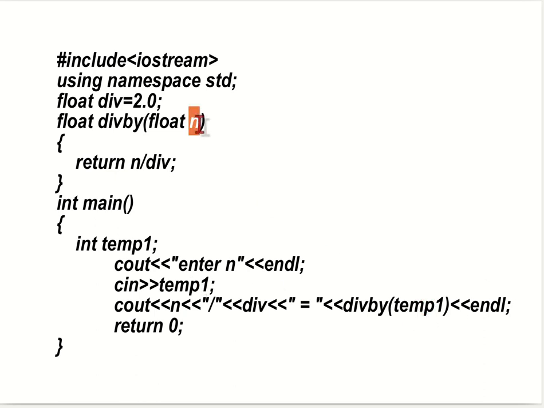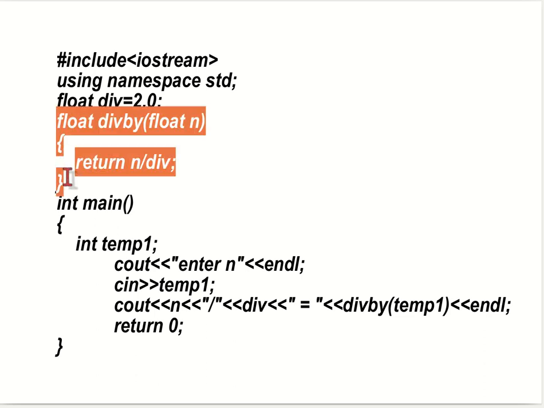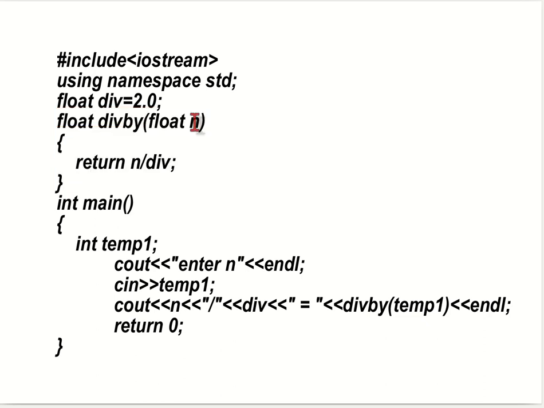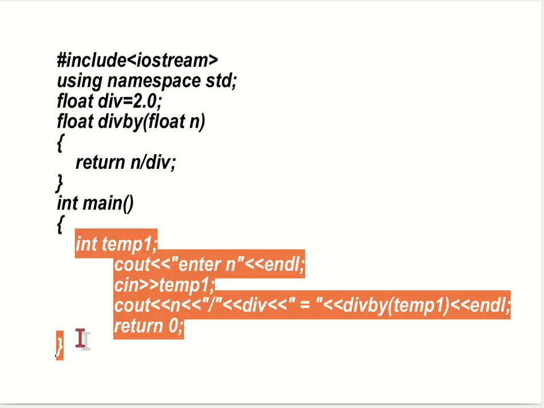So this n is available only inside this function div by. So this variable n is cleared whenever it is returning from this function. So this is a local variable. It is also a local variable, and this is also a block scope variable.